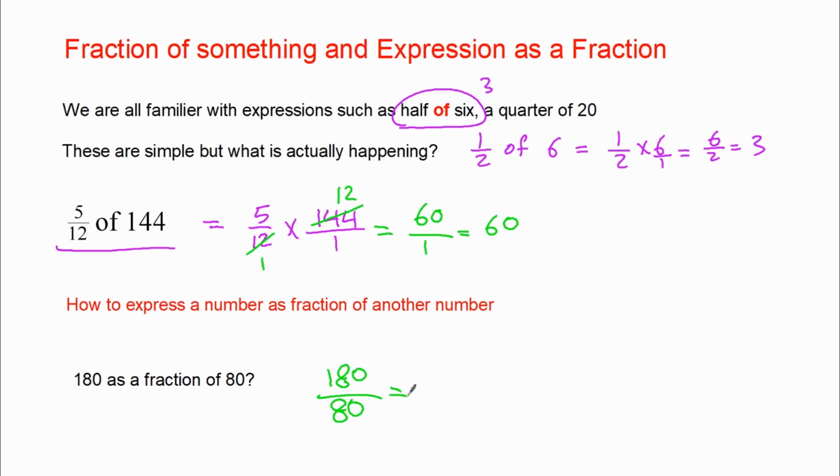And again, we need to simplify this. I can see that they're both divisible by 10, so divided by 10 would be 18/8. They're both divisible by 2. This would be 9/4. So 9/4 is the simplified form of 180 as a fraction of 80.